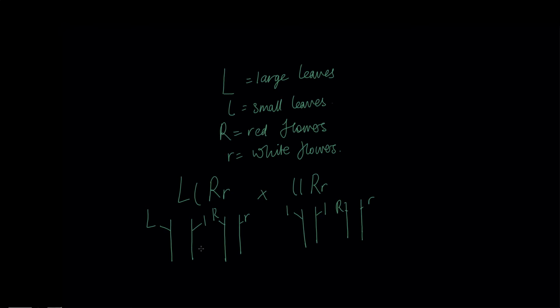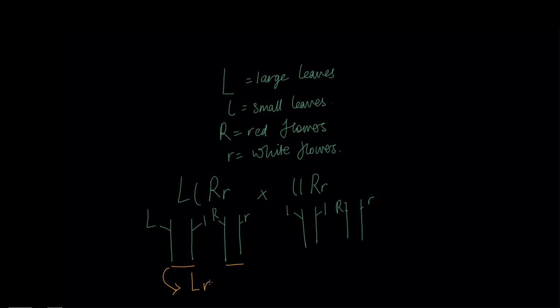Now, Mendel's law of independent assortment means that which version of the gene one gamete gets for leaf size has no bearing on which version of the gene the gamete gets for flower colour. So if a gamete gets, for example, this chromosome there, big L, whether it gets big R or little r is completely independent of which L it got. So it could either get big R or little r.